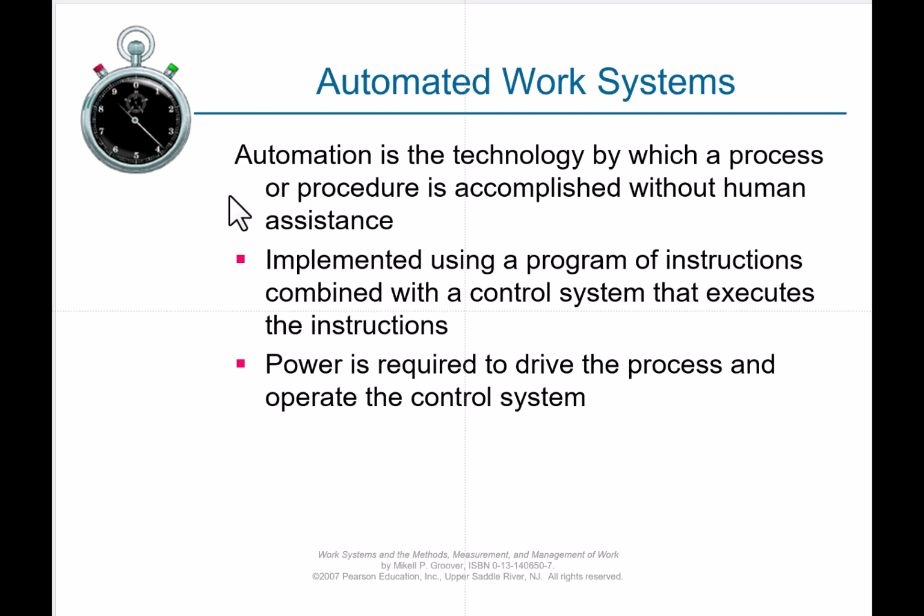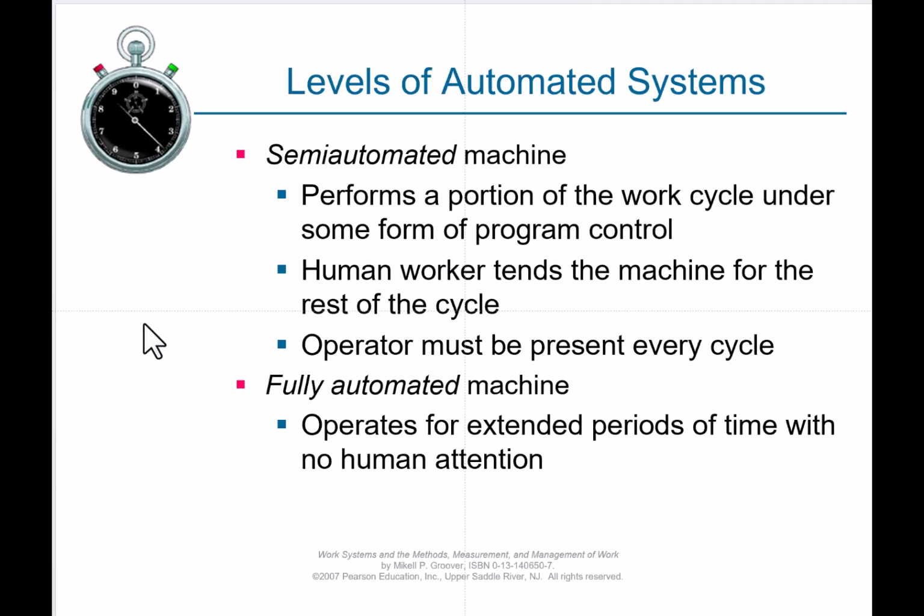You may also come up with a program and instructions for the robot control systems to execute. And there are different types of automation systems. You have semi-automated, where a portion of the cycle is performed under a program and the human worker attends the machine for the rest of the cycle, right?